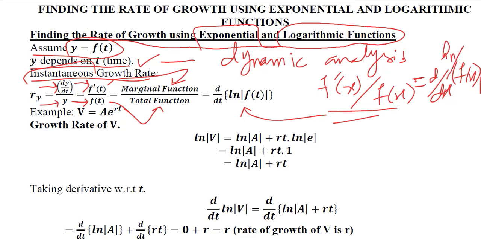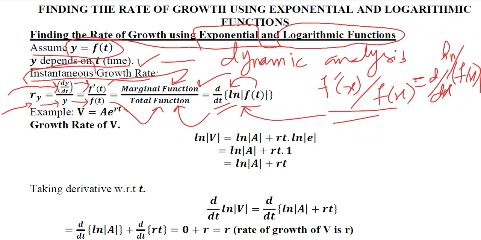This is in this case natural log of the function of x. So repeating this here, the function, its natural log and the derivative of it would be equal to the marginal function and the total function, that is the derivative and the original function. So we have found an equivalence.